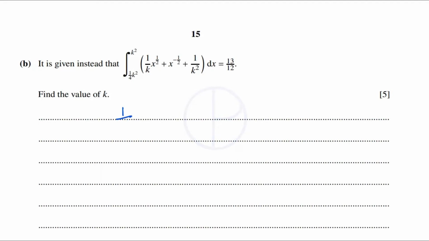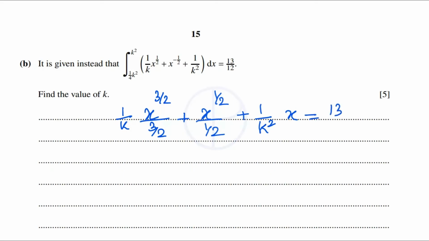Let's integrate this one. 1 over k, x power 1 over 2 will become x power 3 over 2 divided by 3 over 2, plus x power negative 1 over 2 increased by 1 will give positive 1 over 2 divided by 1 over 2, plus 1 over k square multiplied by x, equal to 13 over 12.